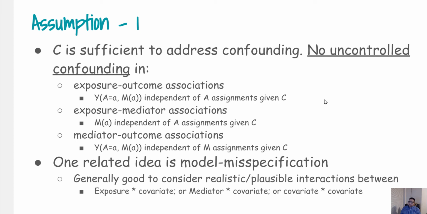And of course, now that you are dealing with more and more models, model specification is a very critical problem in mediation analysis, and you need to consider some realistic or plausible interaction terms that can lead to better model specification.